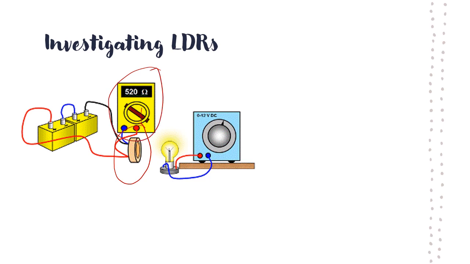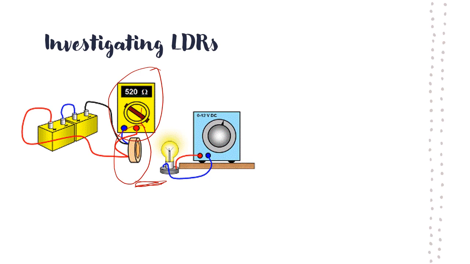So when you keep the bulb closest to the LDR, you will have maximum light intensity falling on the LDR, and you can note the resistance in the ohm meter. Then move the bulb further away from the LDR for maybe 5 or 6, usually 7 different distances of the bulb.